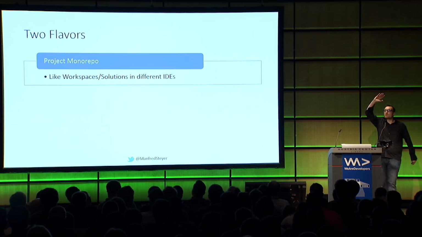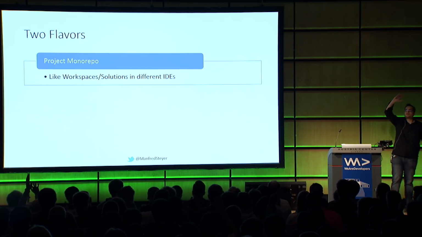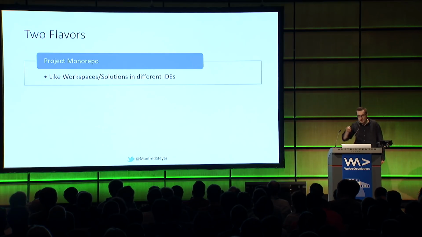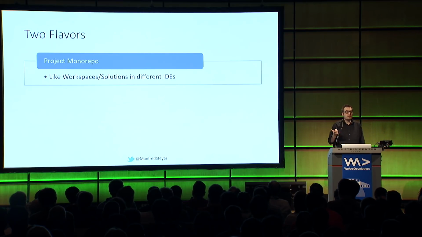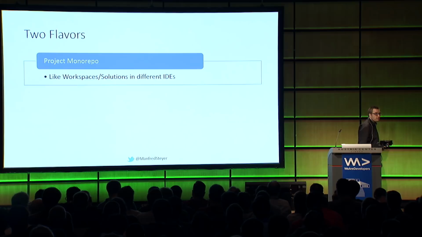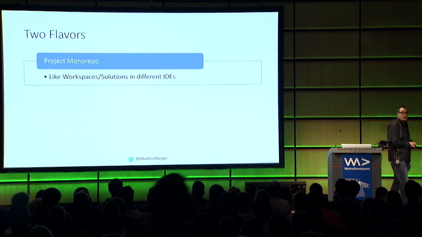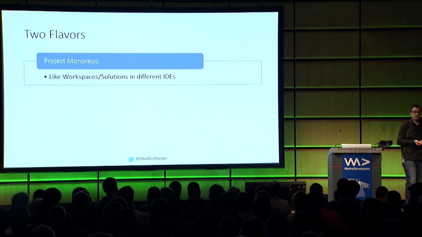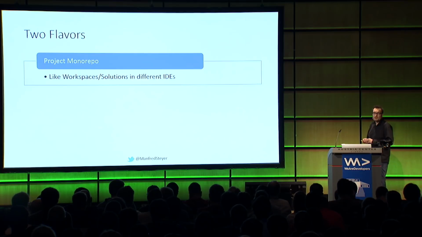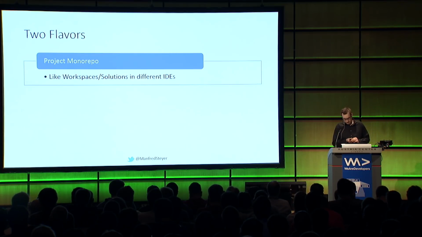Who has used Eclipse so far? A lot of people. There you have this workspace concept where you also can put a lot of related projects into one folder, into one place. And when you go with Visual Studio for .NET development, you know Visual Studio Solutions. It's also some kind of project repository, of project monorepo that contains all your sub-projects.